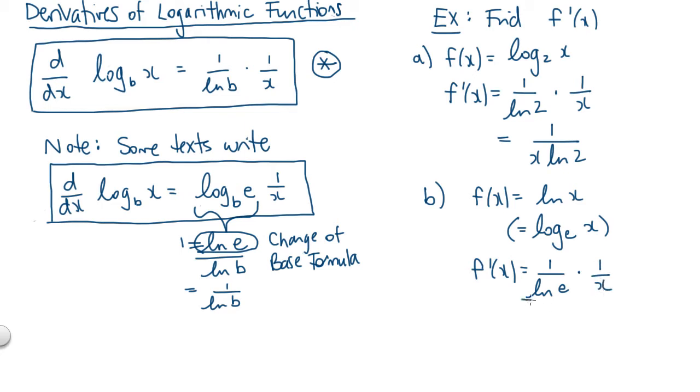But again, remember that ln e is 1. So in fact, this coefficient here is just 1, and our answer is 1 over x. So this is one reason why the function ln x is particularly useful in calculus, because when we take its derivative, this coefficient here works out to 1. So in fact, it's our simplest logarithmic derivative.